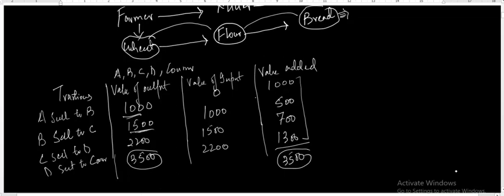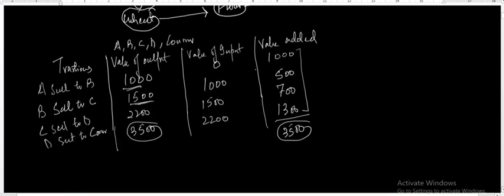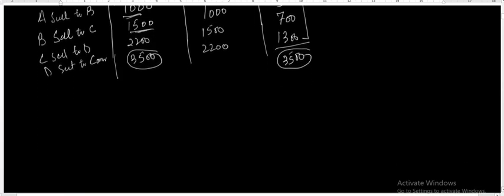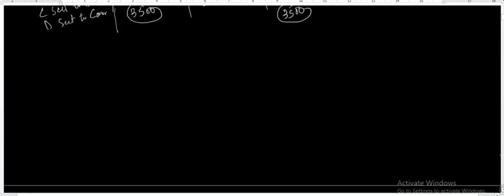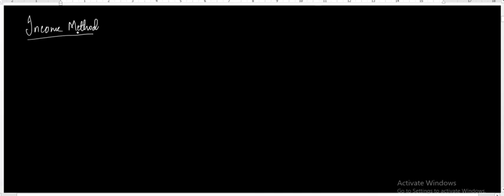The next method that we are going to talk about is the income method, and then the expenditure method. Let me first take up the income method. In this case, say we have the different factors of production.